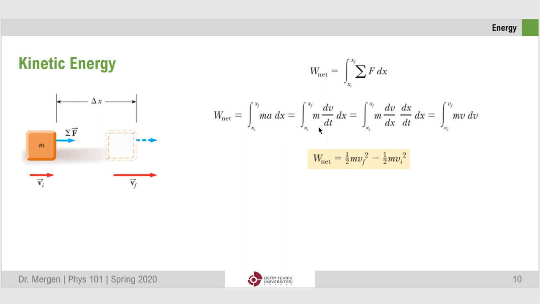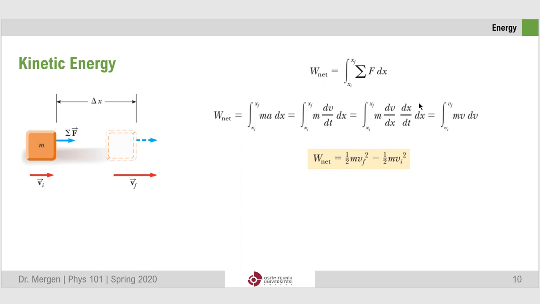And to calculate this integral, we need to do some math. So instead of writing a, we can write dv over dt, and using the chain rule, we can write dv over dx and dx over dt, and those dx's will cancel out, and the whole equation will be equal to the initial equation.